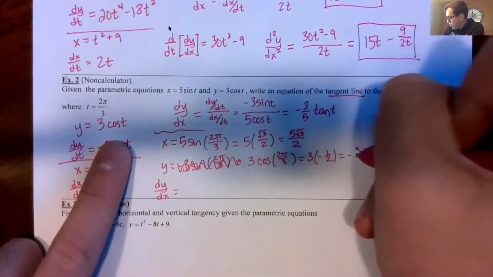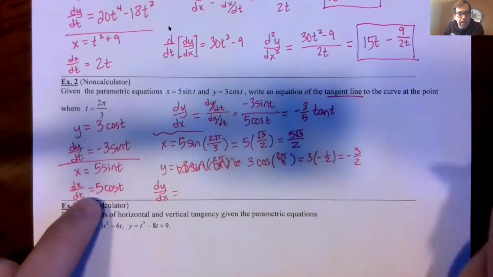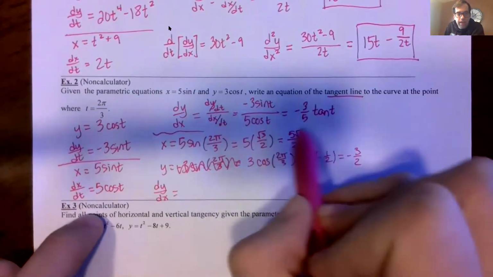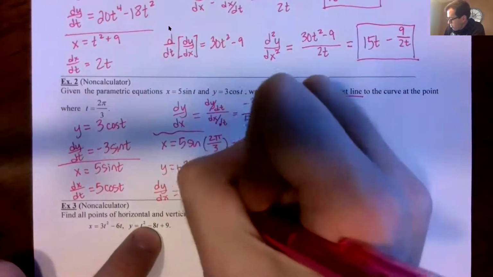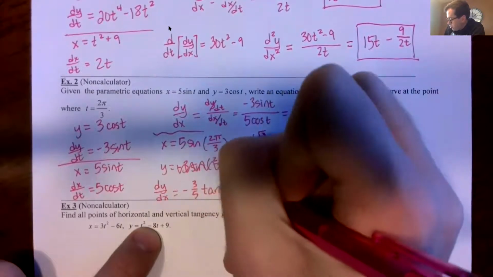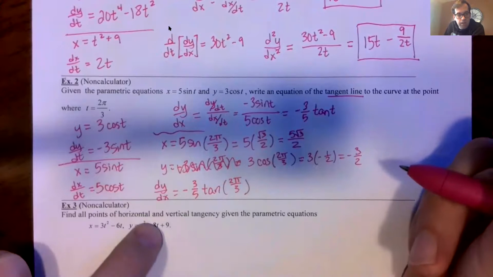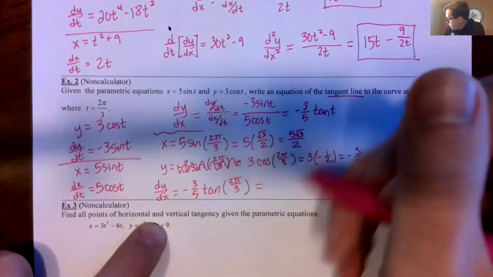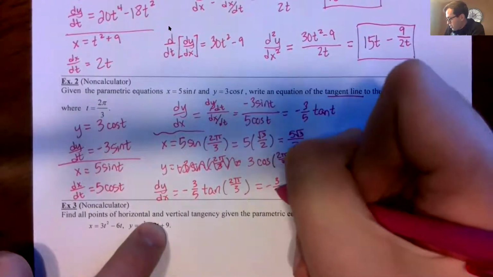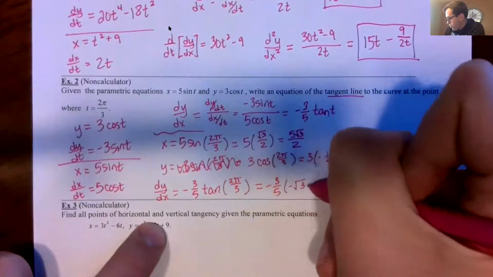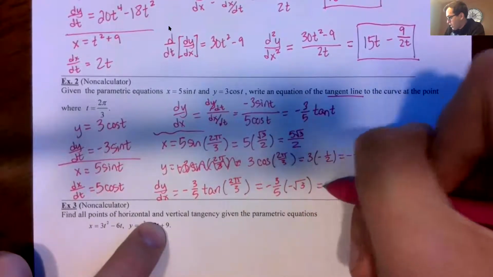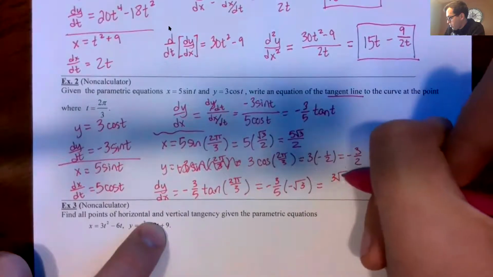So this one's negative 3/2. And then for dy/dx, we figured that out up here. So it's going to be negative 3/5 times the tangent of 2 pi over 3. Again, with that same t value that we were given in the initial question. This is going to be negative 3/5 times negative root 3. So we're going to get negative times a negative. So it's positive 3 root 3 over 5.